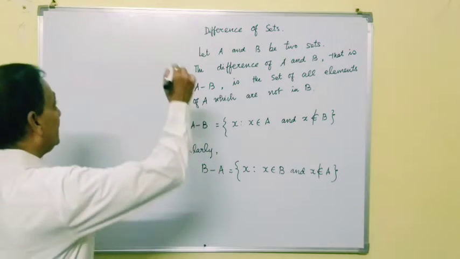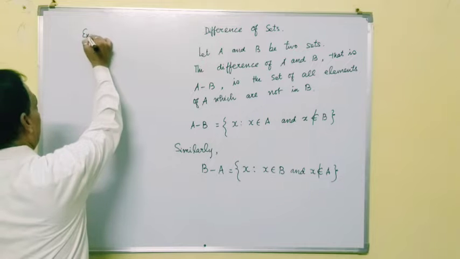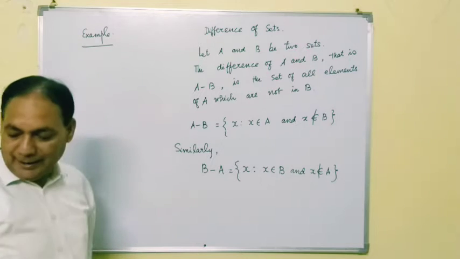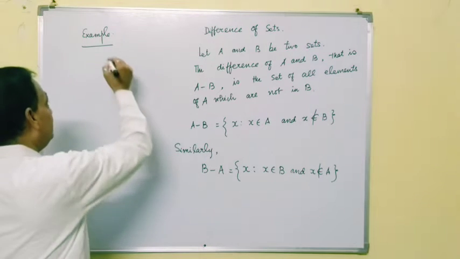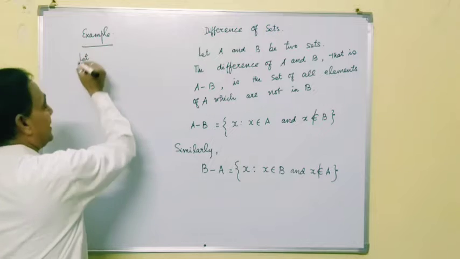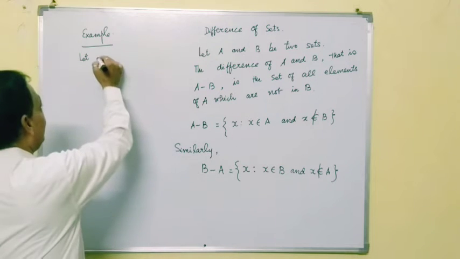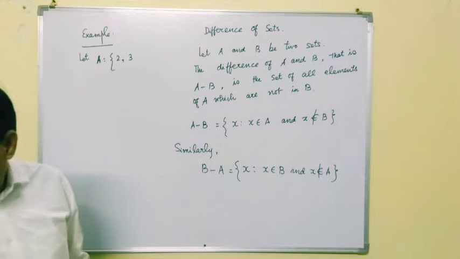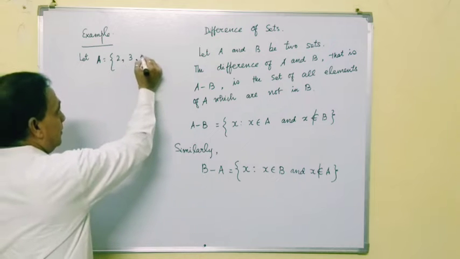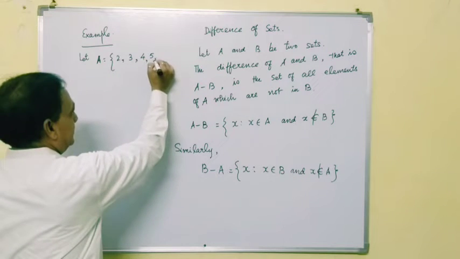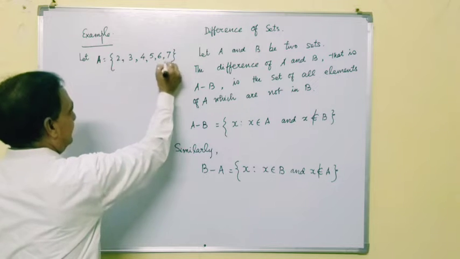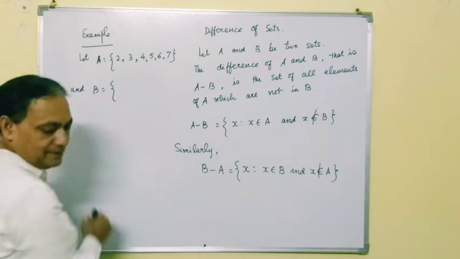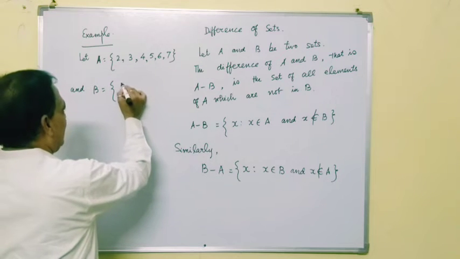Again, we can take an example. You are given two sets A and B. Let A is equal to 2, 3, 4, 5, 6 and 7, and B is 3, 5, 7, 9.